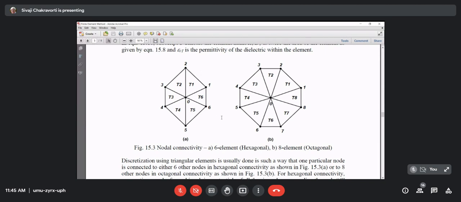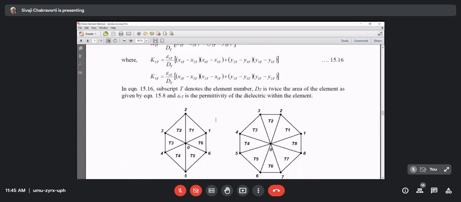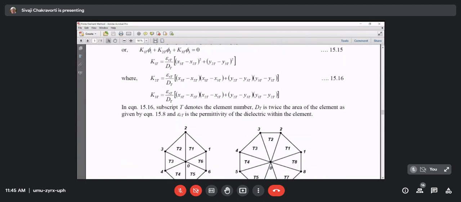So this target node 0 is always, in equation 15.15, at the bottom, the phi 1, that is node 1. Then the other two nodes are 2 and 3, and they should be in anti-clockwise direction.